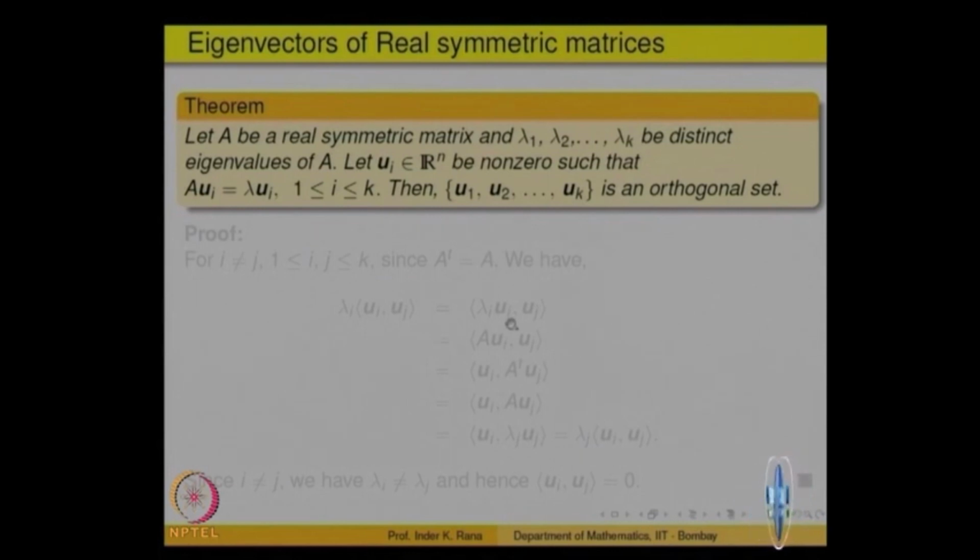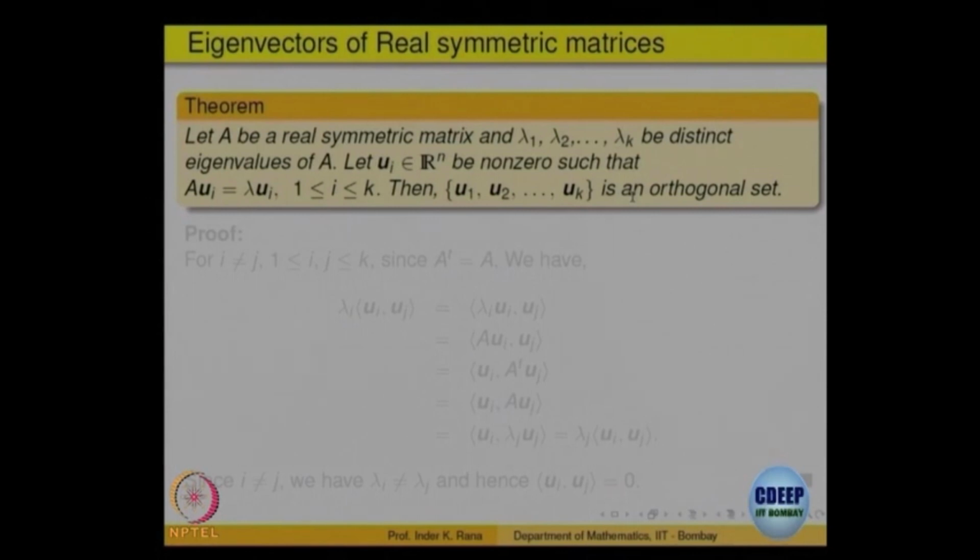If A is real symmetric and there are distinct eigenvalues, we have already shown that for any matrix, if the eigenvalues are distinct, then the corresponding eigenvectors are linearly independent. But now it says something more: if lambda 1, lambda 2, ..., lambda k are distinct eigenvalues and you pick up eigenvectors ui corresponding to them, then they are not only independent, they form an orthogonal set, they are perpendicular also.